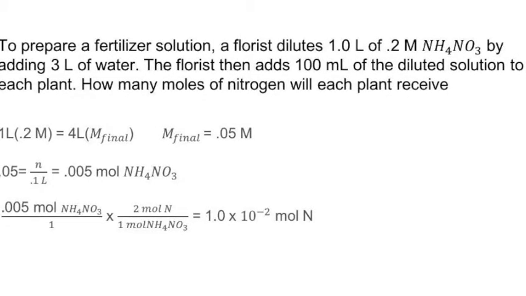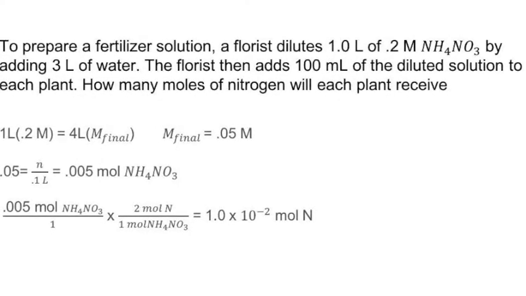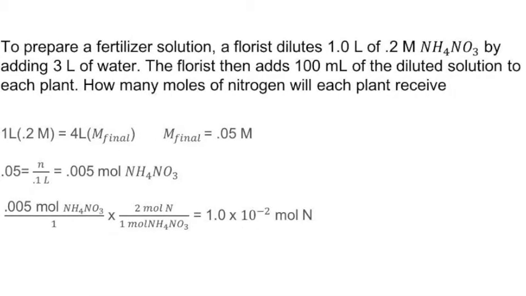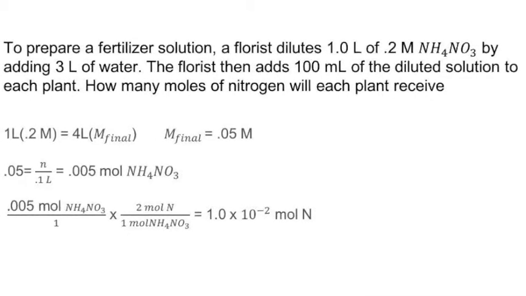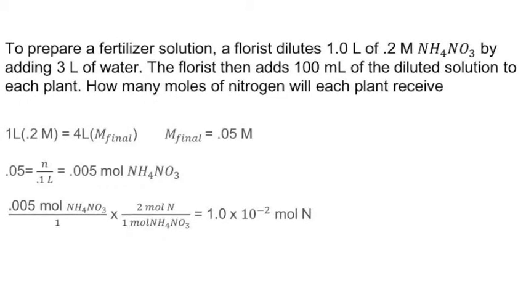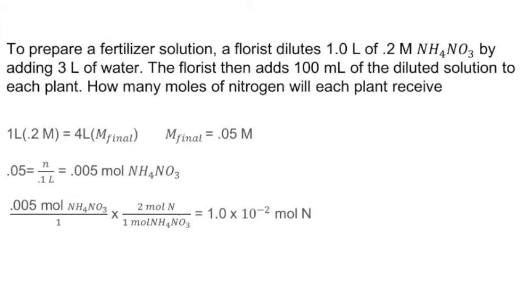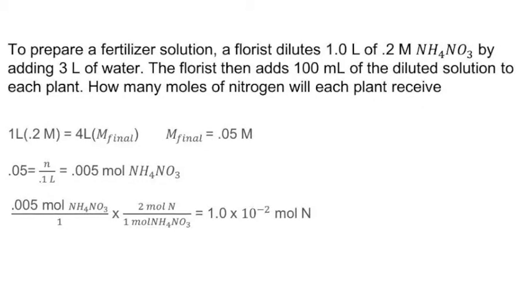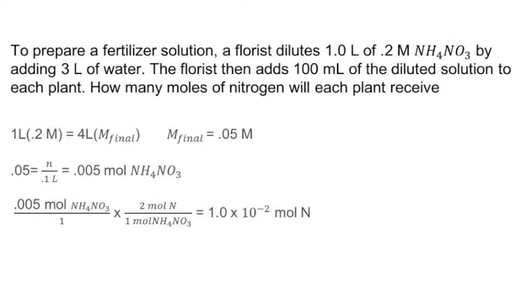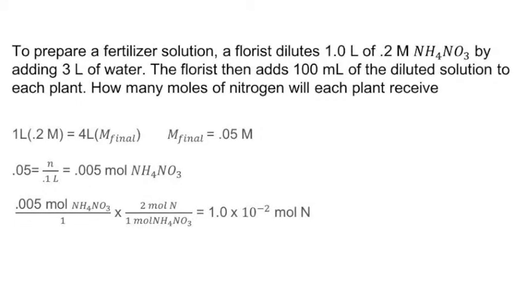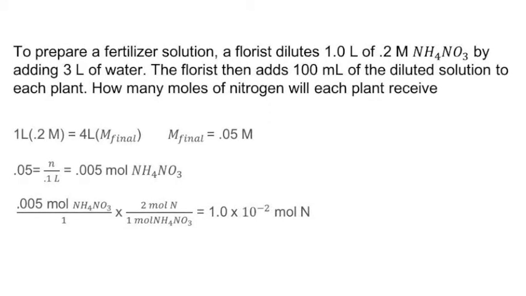We get 4. So once we do some multiplication and division, we get that our final molarity would be 0.05. And then we take this and we use it with the equation N over volume, which would be moles over the volume. So we get 0.05 equals N over 0.1 liters.